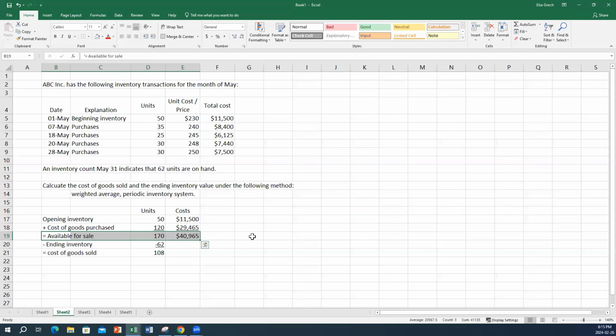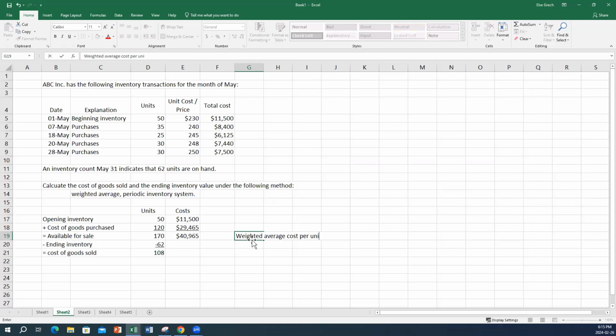So in this case, to calculate the weighted average cost per unit, I'm going to take the available for sale dollars and divide it by the number of units available. This will get me the average cost. So in this case, I see that the average cost is $241.97. I'm going to leave that unrounded. So this is my average cost.